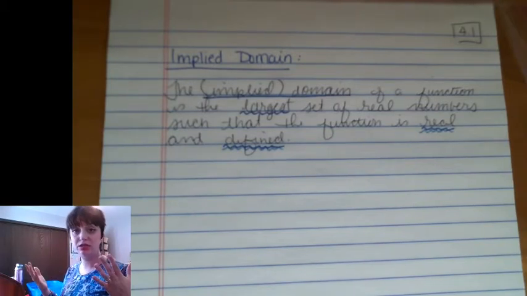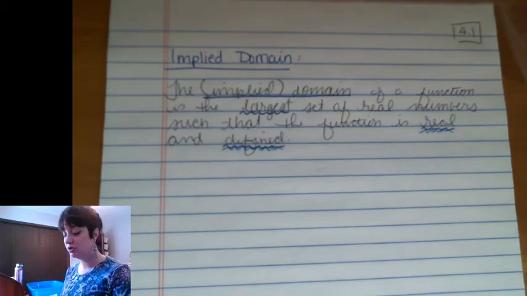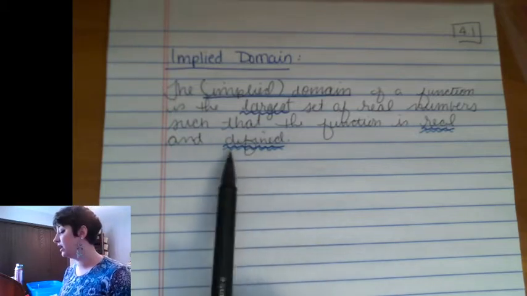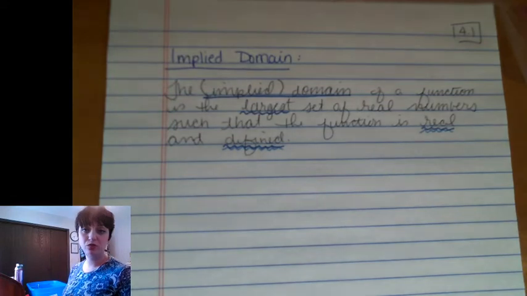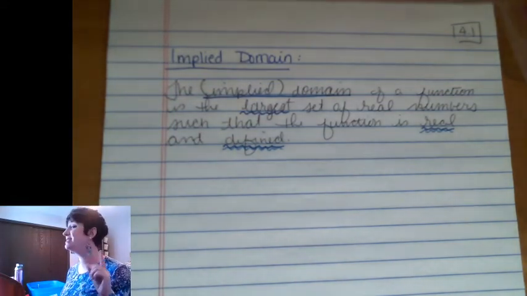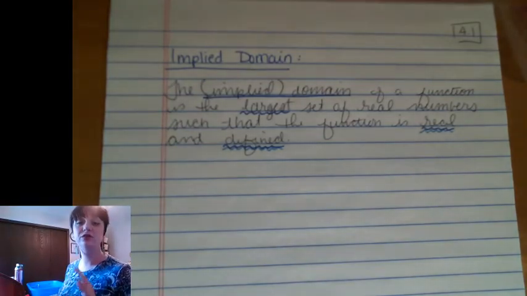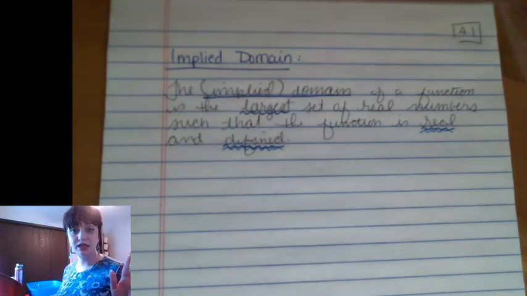I get complex numbers by having i, and I get i by having negatives and a square root. So the first thing we want to avoid is negatives in a square root. Defined: all the arithmetic operations are well defined except for division by 0. If I ever divide by 0, that thing is undefined.